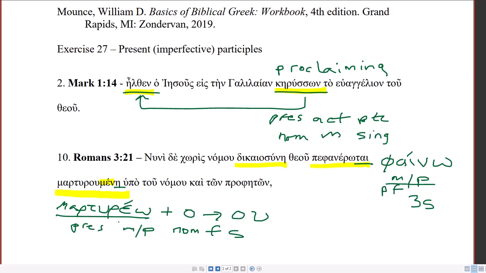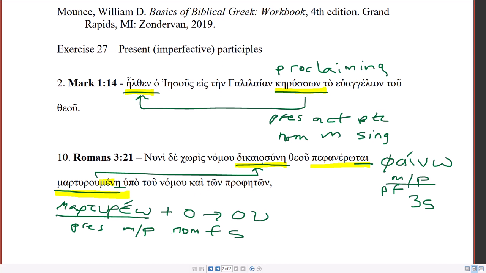Now, what's that relating to? Well, we have a noun over here that is nominative feminine singular. This is the thing that is revealed. And we also have this participle that's nominative, feminine, and singular. So I'm strongly suspecting that we have an attributive relationship between these two. So what's happening here?